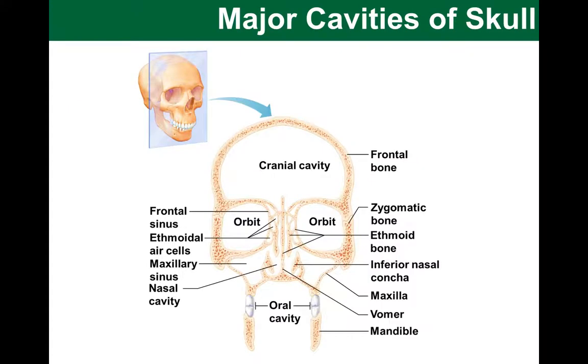And I included this diagram just because it is a good transition to what I want us to look at next. Here we have a frontal section of the skull showing major cavities. And really what you see is that there are a lot of empty spaces inside the skull, which all have their own functions.